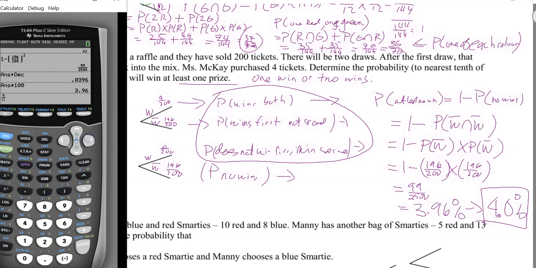So 4 out of 200, basically squared, plus 4 out of 200 times 196 out of 200.